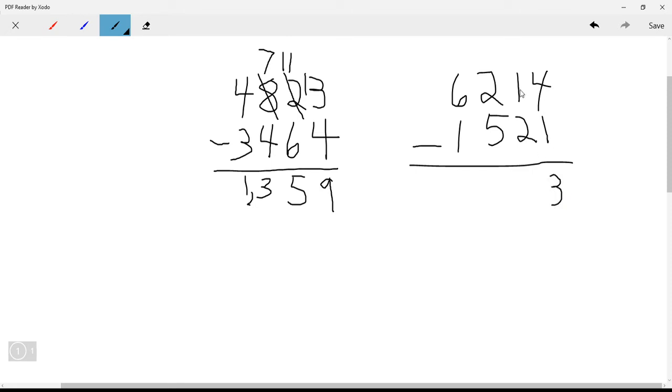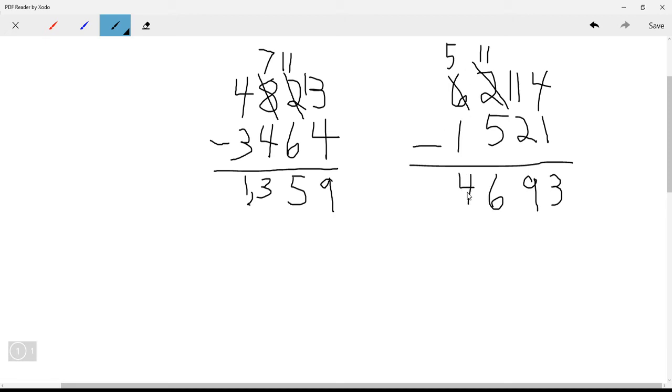That's 3. 1 minus 2. We cannot do that. So that ends up being 1. We borrow from the hundreds. Now it's 11 minus 2 equals 9. 1 minus 5. We can't do that. We have to borrow. 11 minus 5 is 6. 5 minus 1 is 4.